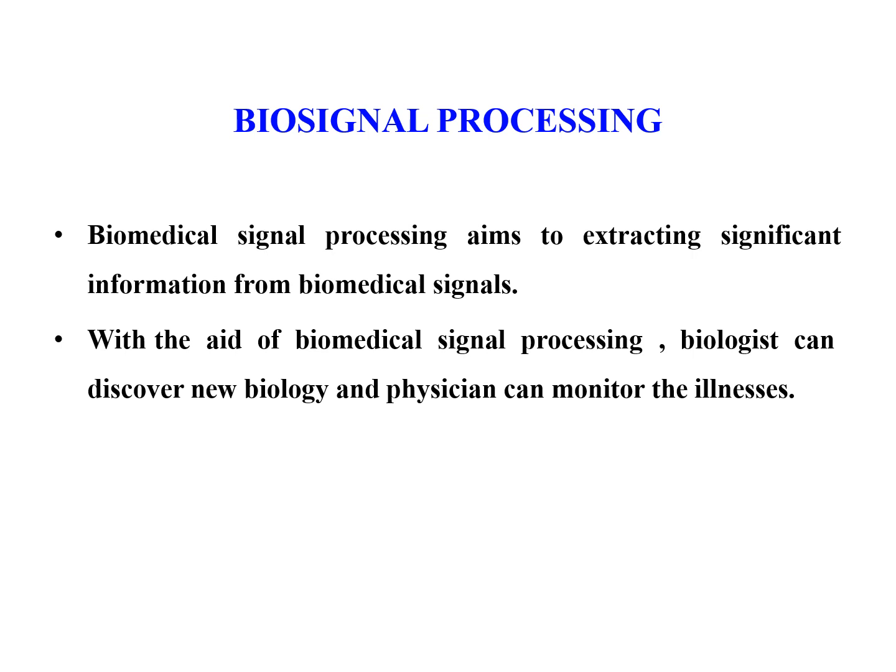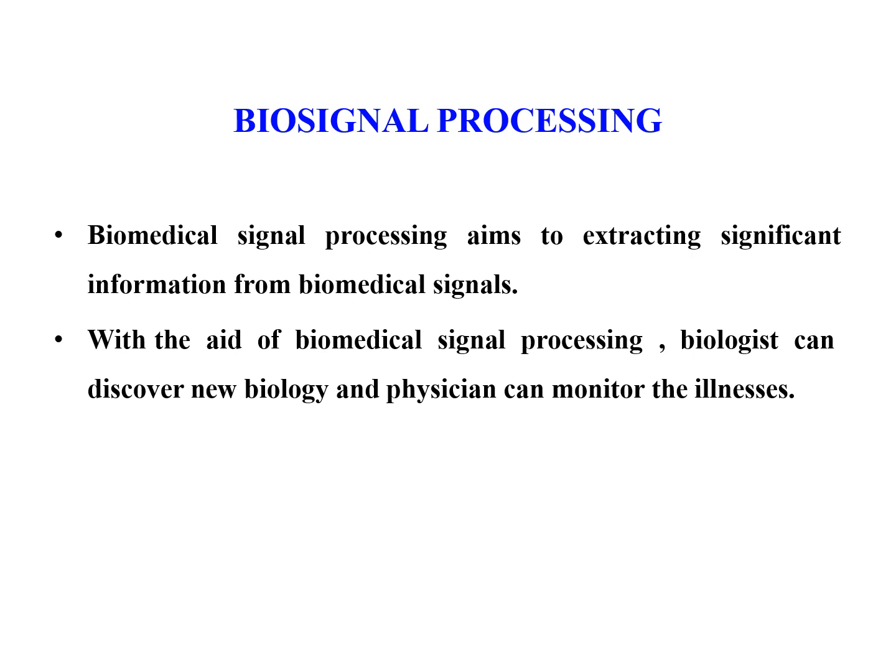With the aid of biomedical signal processing, biologists can discover new biology and physicians can monitor illness, measure the amplitude and frequency levels, and identify normal or abnormal conditions of the electrical activity of the human being.